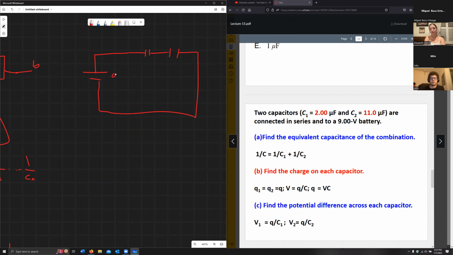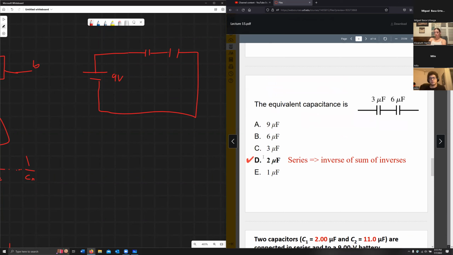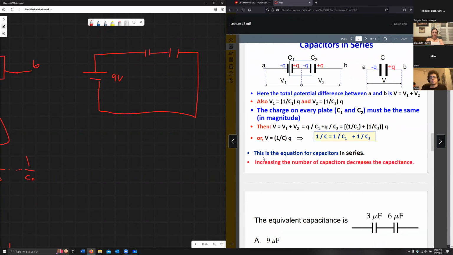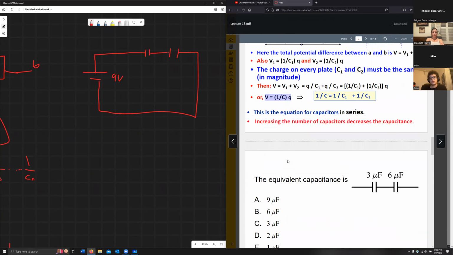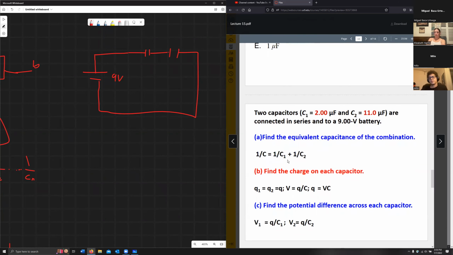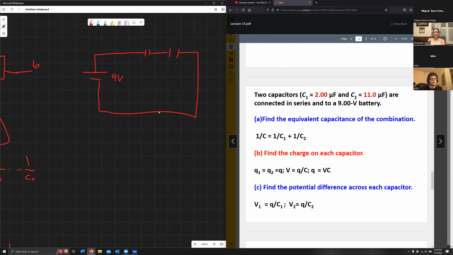So this is a 9-volt battery, so we have the overall voltage. Find the equivalent capacitance of the combination. 1 over C is also equal to the voltage, correct? No, you're missing Q. Oh, I'm missing Q. Okay, I'm missing charge, which we don't have.